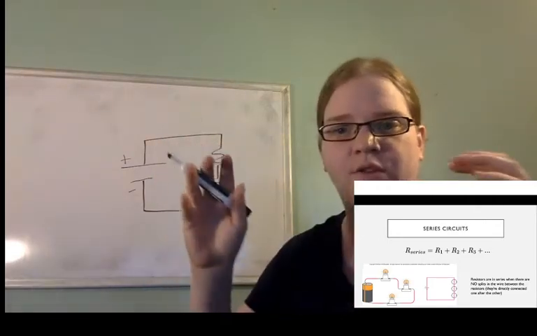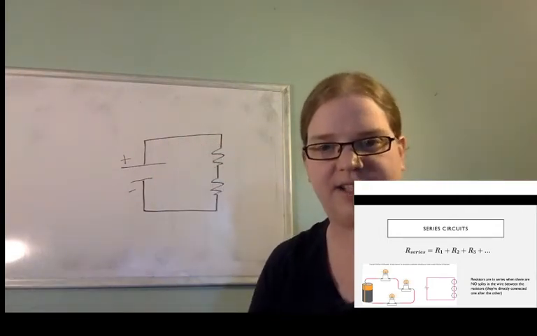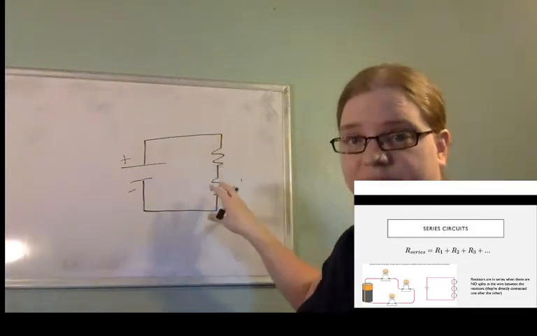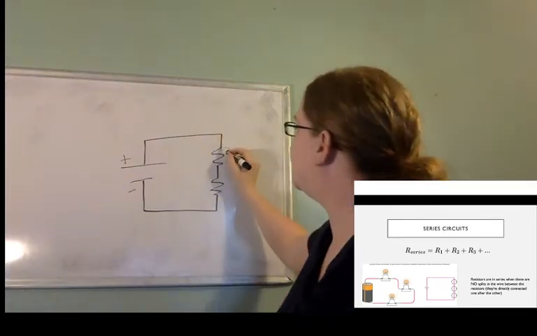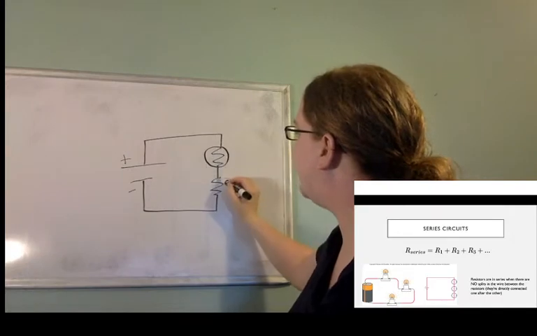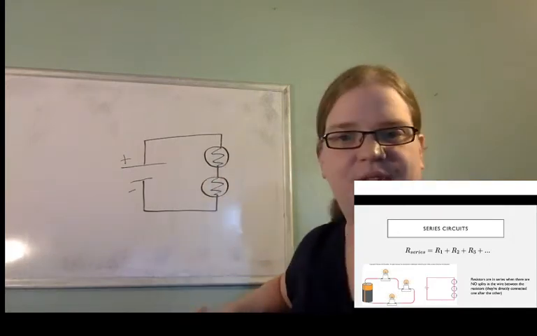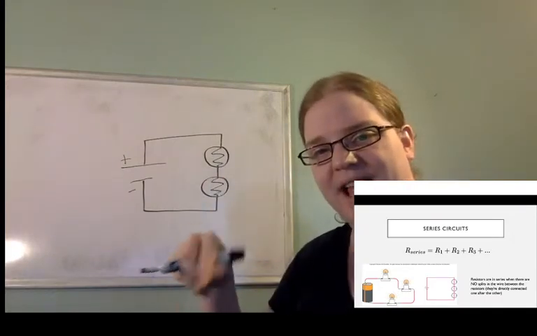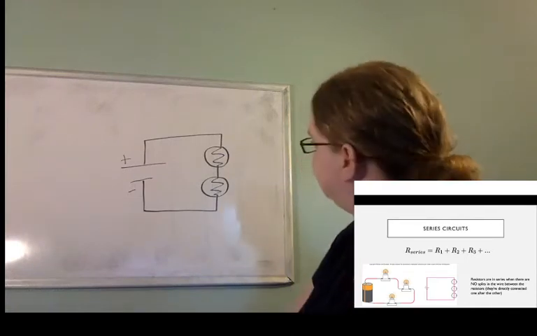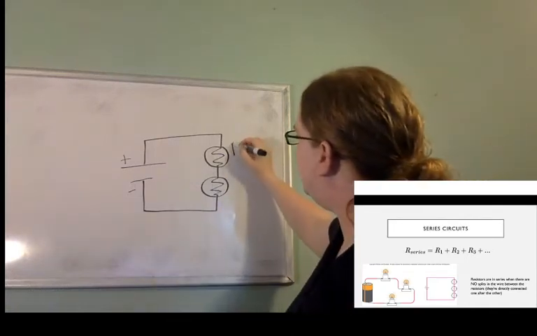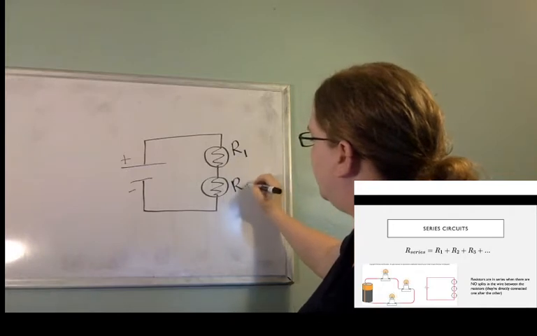And again, if it's a normal resistor like the little peanut guys that I showed you last time, you would just draw it like this. Because we're doing light bulbs, we can go ahead and add our glass circle around it, right? Because a light bulb has that glass shape. And we're going to name these R1 and R2.